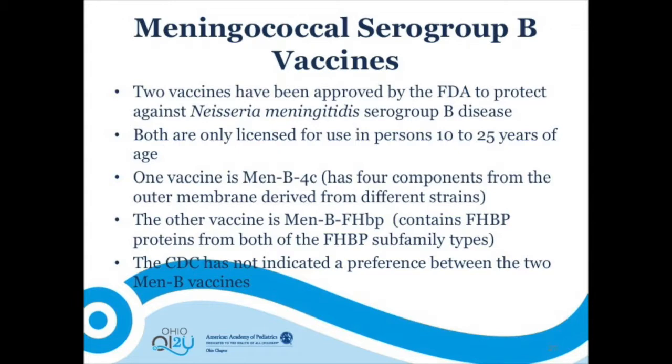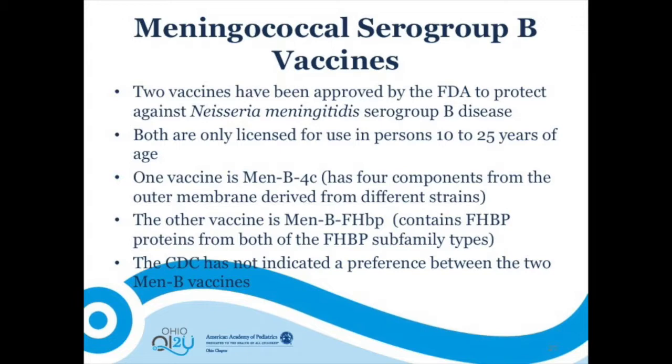So 2 meningococcal Serogroup B vaccines have been approved by the FDA to protect against Neisseria meningitidis Serogroup B disease. The CDC has not indicated a preference between these 2 meningococcal B vaccines. Either can be used. Both are only licensed for use in persons 10 to 25 years of age.